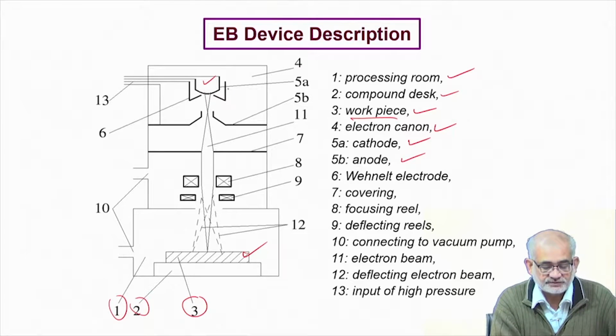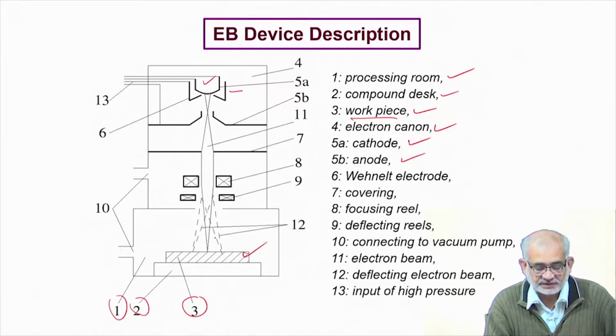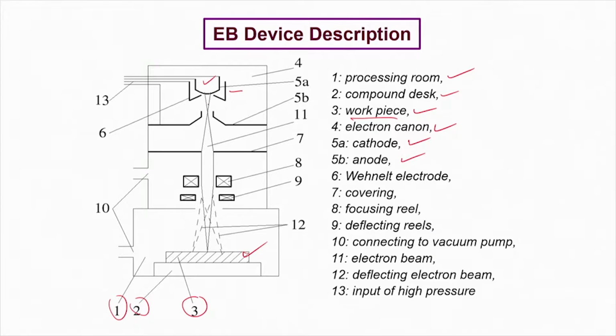Then through this central opening the electrons will flow, but you also need some kind of covering to cut out the stray radiations.